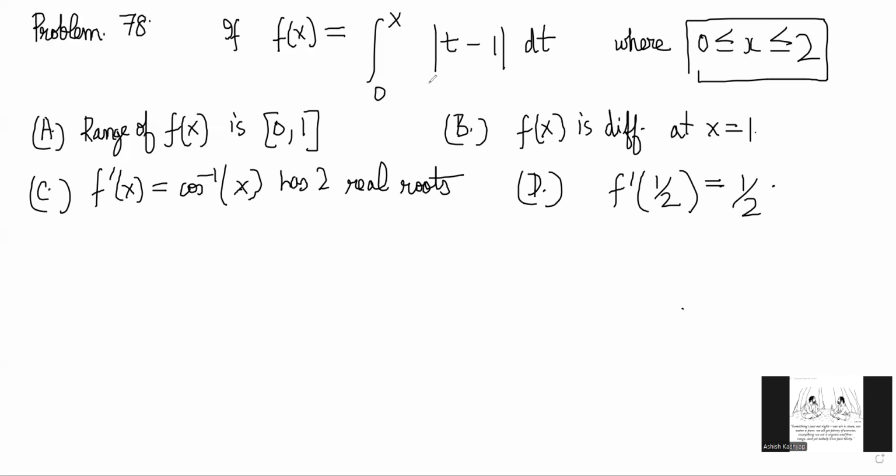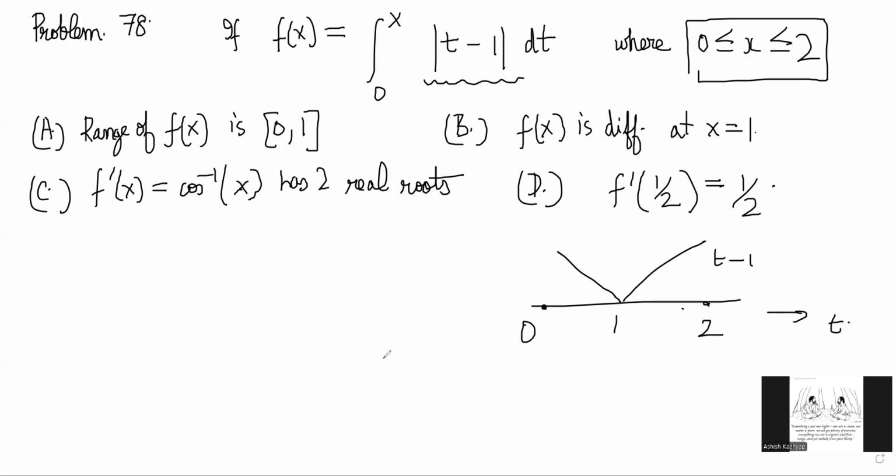The integral is over a variable t, of mod of t minus 1, where obviously the value of the modulus will change sign when t minus 1 is above or below 1. This is your graph of mod of t minus 1, and this is the point 1. This is the point 0, this is the point 2, and these are values of t.